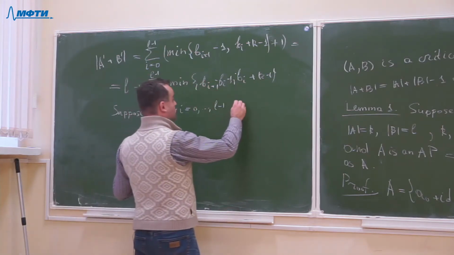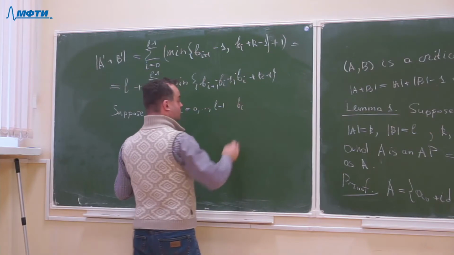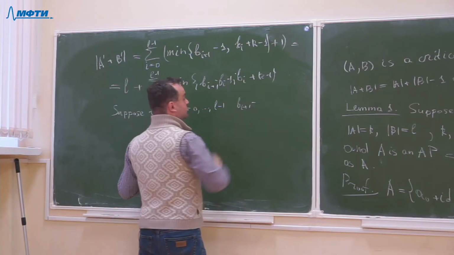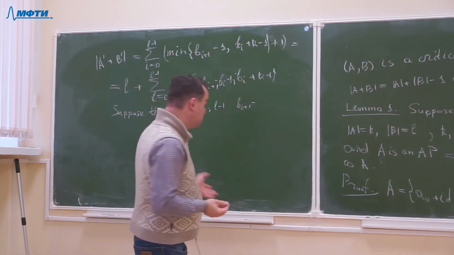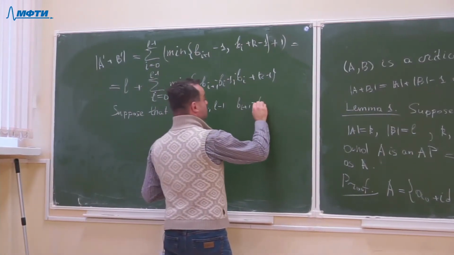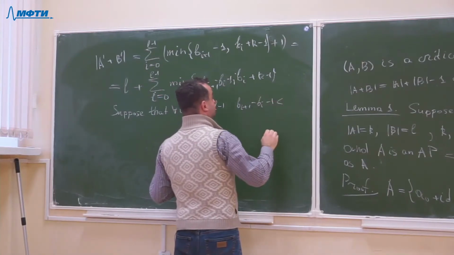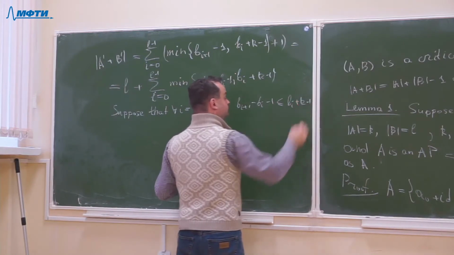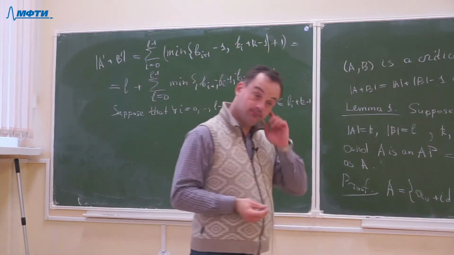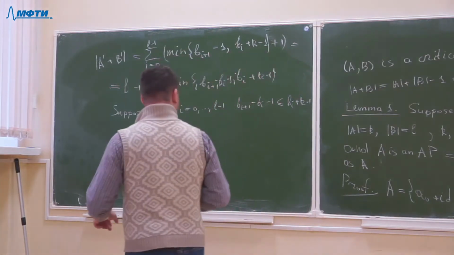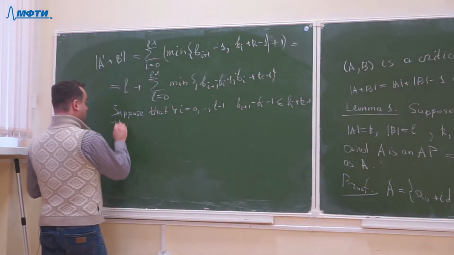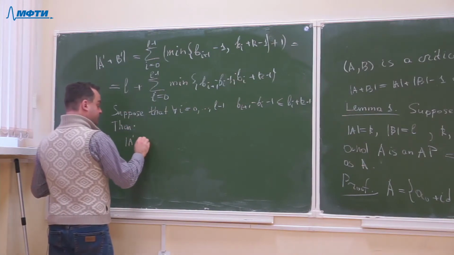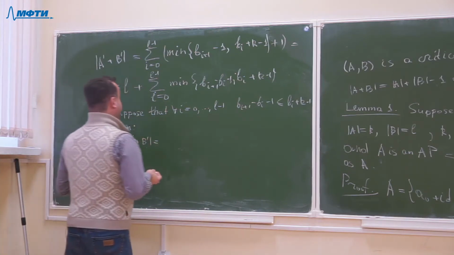So K is quite large: Bi plus 1 minus Bi minus 1 is smaller or equal than Bi plus k minus 1, suppose. Then A prime plus B prime, what is this?